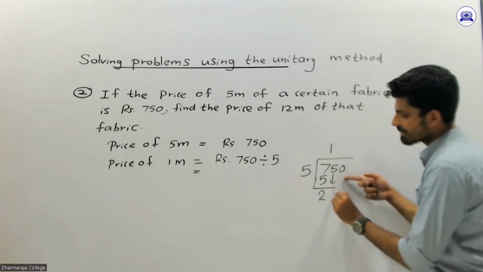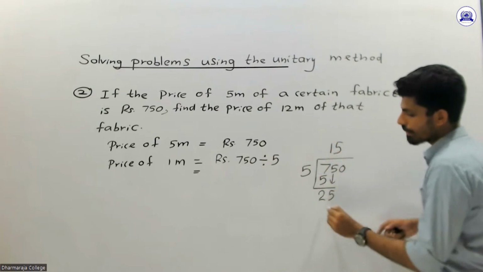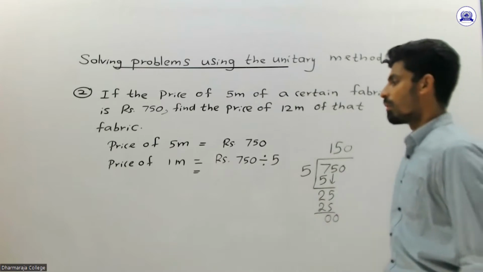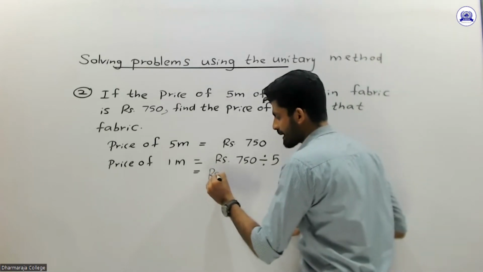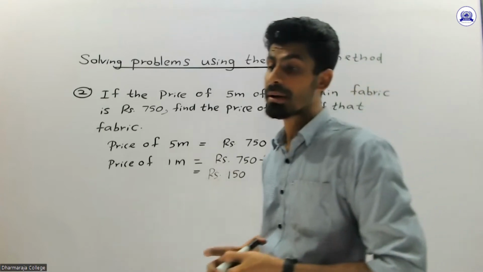So you can take that 5 down. Then 25 divided by 5, 5. Right? Then 0 is there. 150 rupees. That is the price of 1 meter.